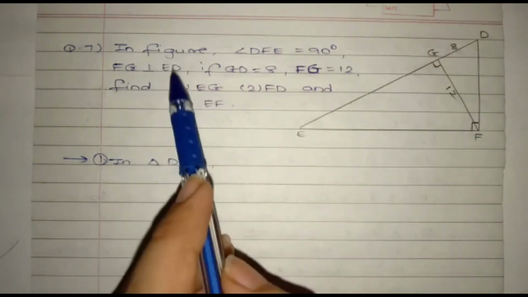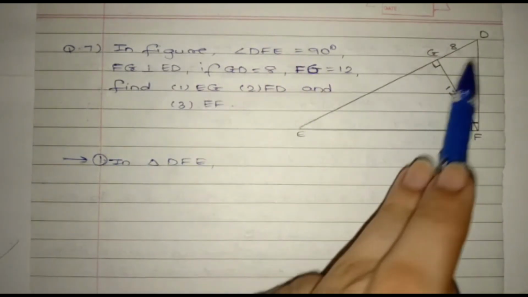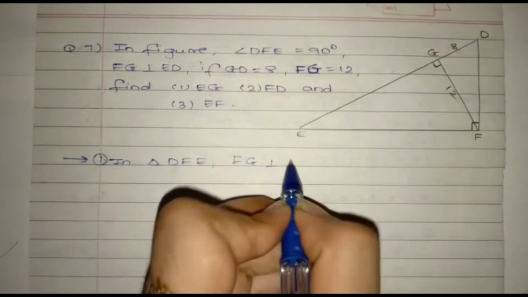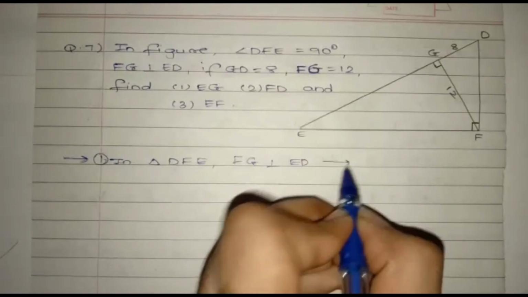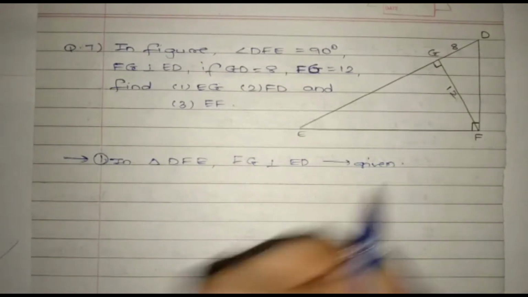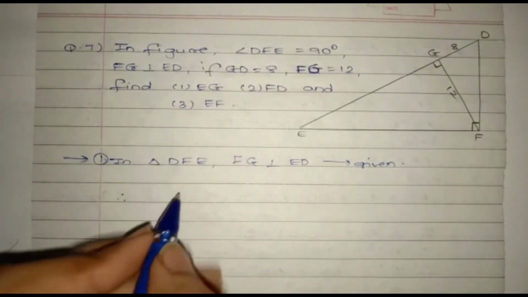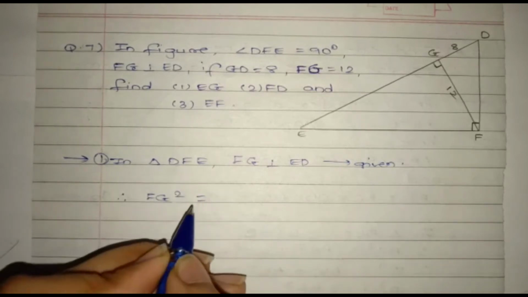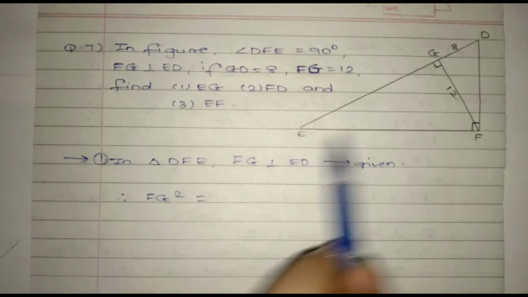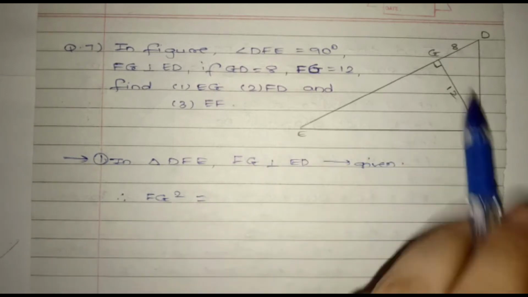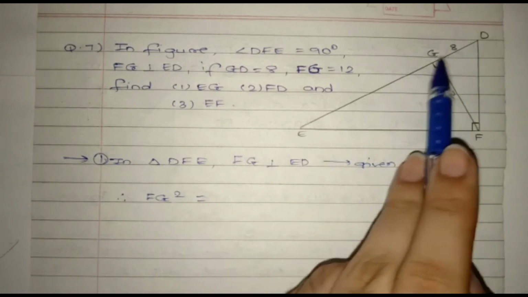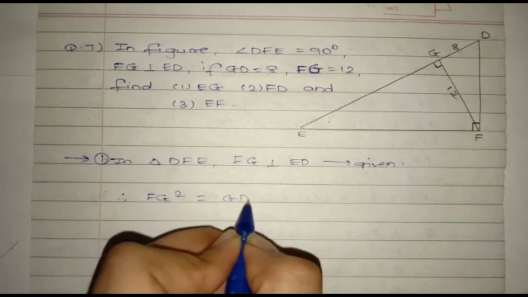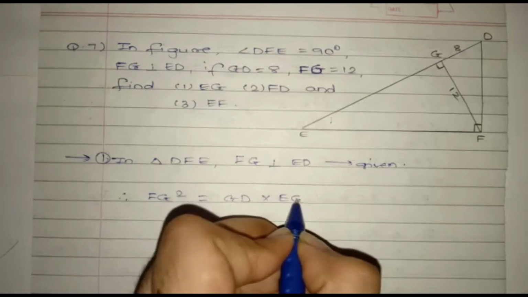FG is perpendicular to ED. It is given, FG is perpendicular to ED. Okay, therefore we can write FG square is equal to GD into EG.